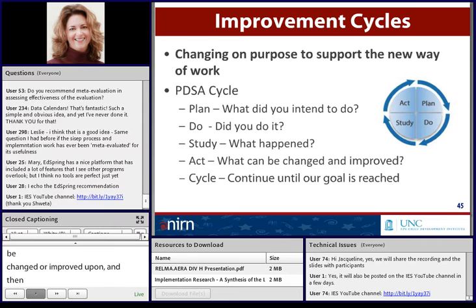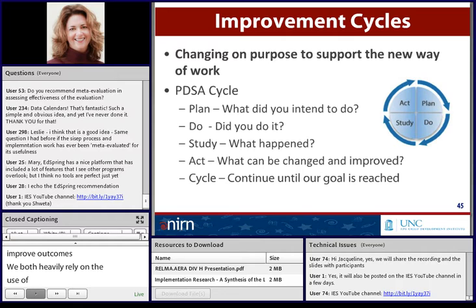Some of you submitted questions asking, how is implementation science similar to improvement science, or are they the same? They are similar. Implementation science is similar to improvement science in that we both want to improve outcomes, and we both heavily rely on the use of the PDSA cycles, the Plan, Do, Study, Act.